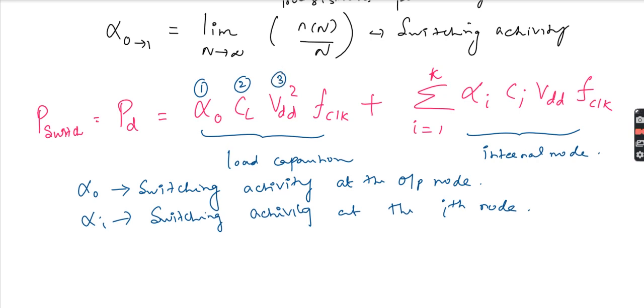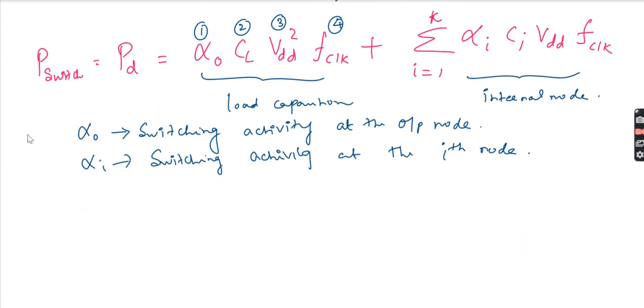The third is VDD, that is your power supply. The fourth is the clock frequency. If you reduce any one factor, the dynamic power dissipation will automatically get reduced. So these are the four very important factors. This is the switching activity for the complex logic gate.